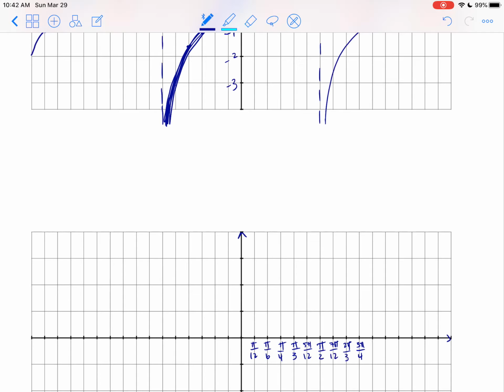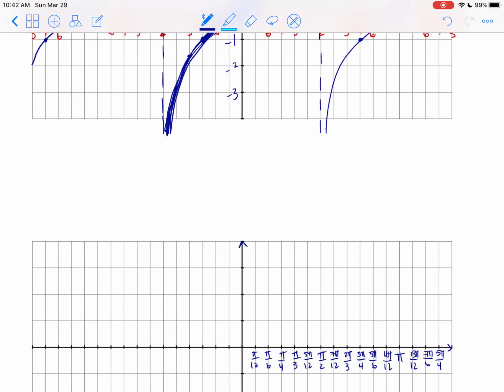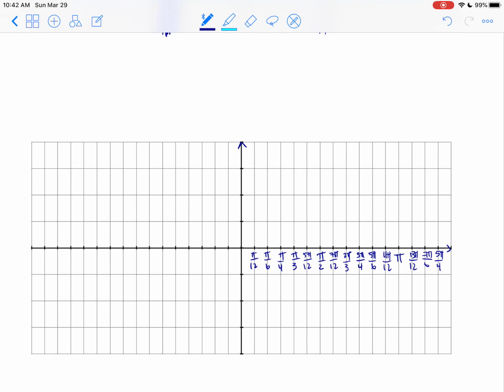So 10 pi over 12, when we divide by 2, we get 5 pi over 6, and then 11 pi over 12, and then 12 pi over 12, and then 13 pi over 12, and then 14 pi over 12 is 7 pi over 6, and then 15 pi over 12 divided by 3 is going to give me 5 pi over 4. And then we have our 4 pi over 3. Okay.